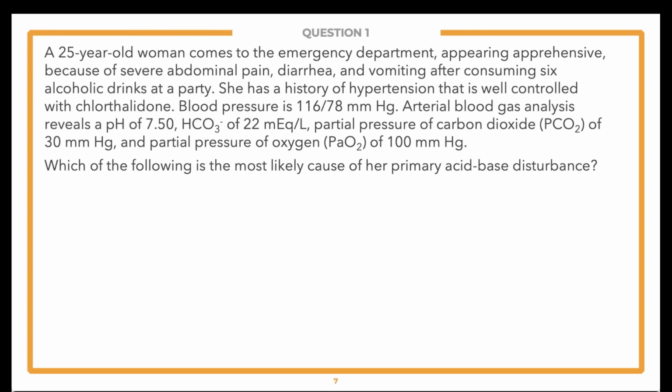Arterial blood gas analysis reveals a pH of 7.5, HCO3 of 22, partial pressure of carbon dioxide of 30, and partial pressure of oxygen of 100. So, which of the following is the most likely cause of her primary acid-base disturbance?